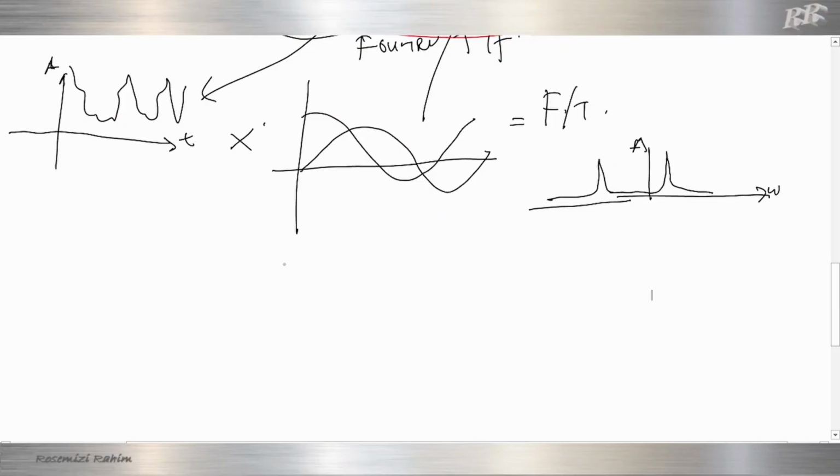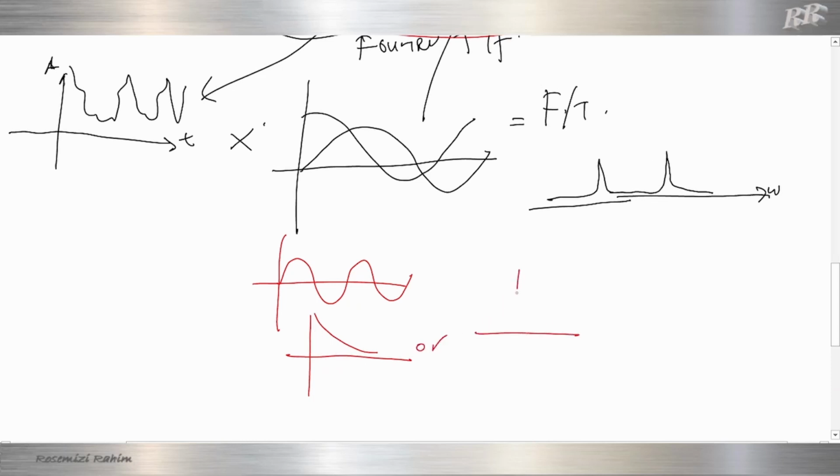Okay, in reality signals are not sinusoidal all the time. Some signals have an exponential shape, for example like this, or like this, exponential signals.